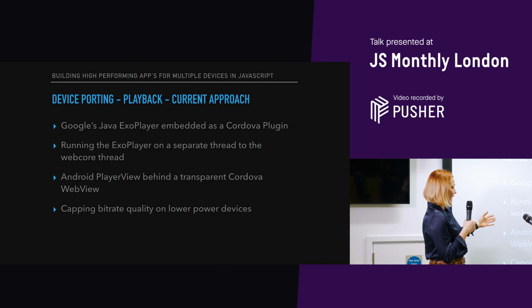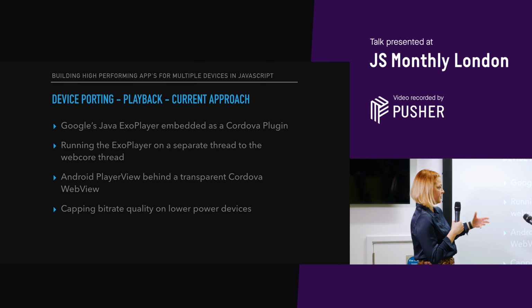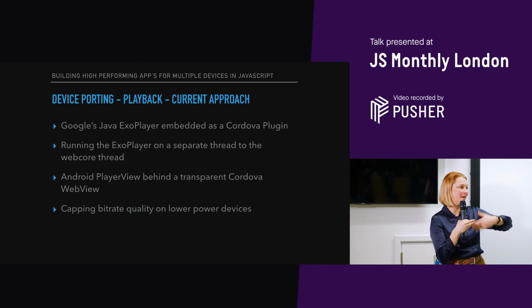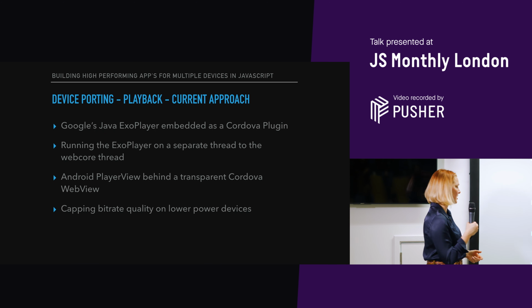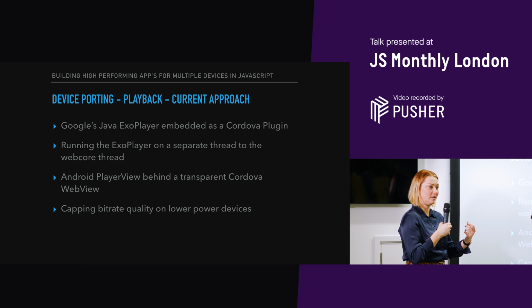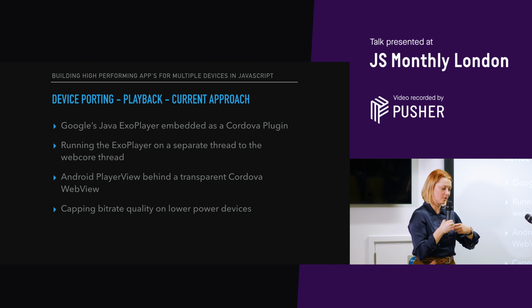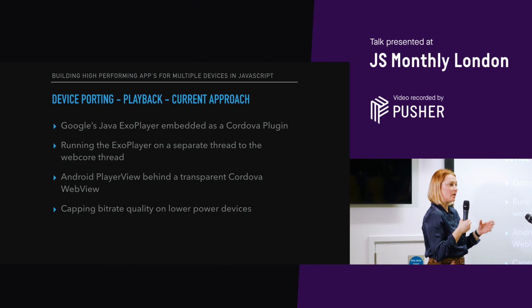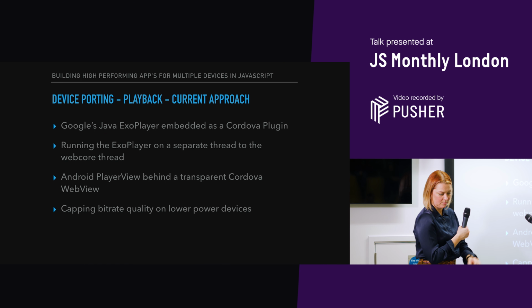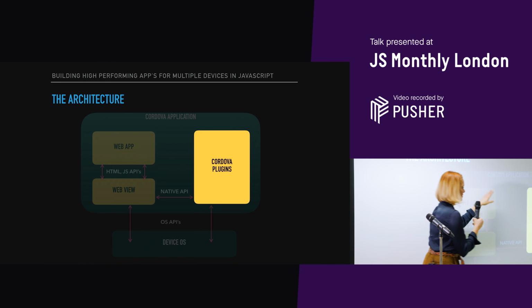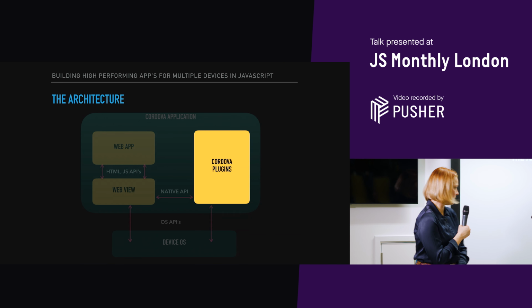So an Android player view behind the transparent Cordova web view. Our catalog is going to be transparent and behind it is going to be the player. But still we have to create this interface and communicate between our catalog and the player, and on the other way from playback towards the catalog. So here is where the Cordova plugin comes into place. And that is how we are going to create this interface.